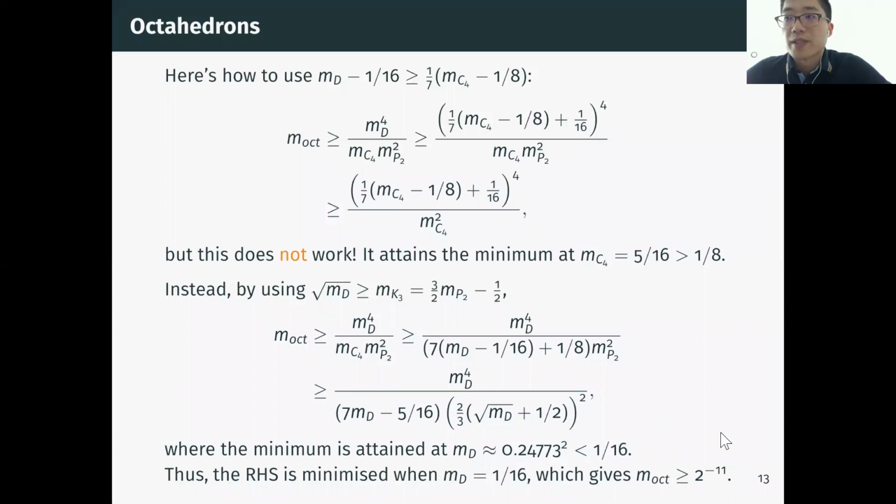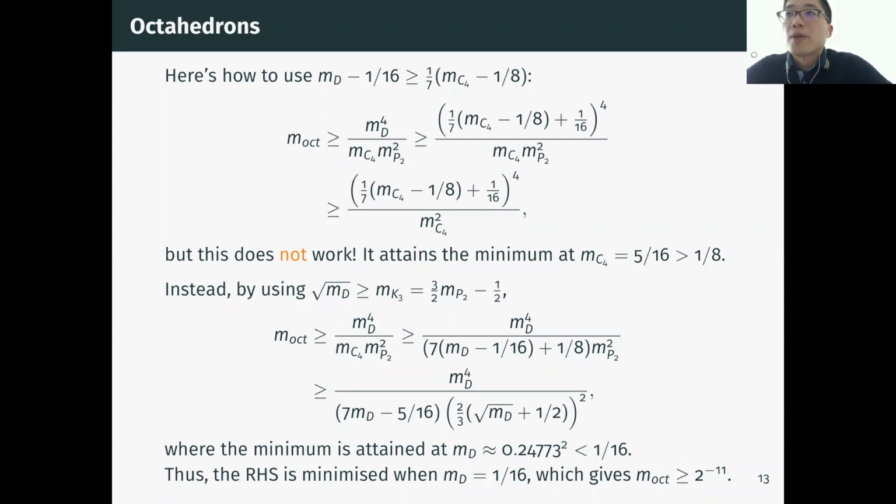So this is the correct argument of using it. So yeah, we're somehow walking on very thin ice, but in this particular case, we succeeded in proving the right bound.